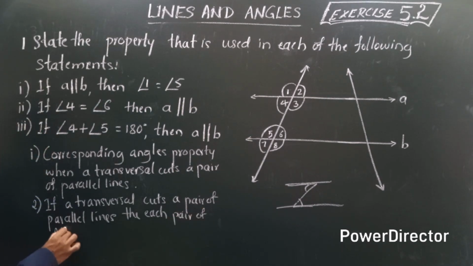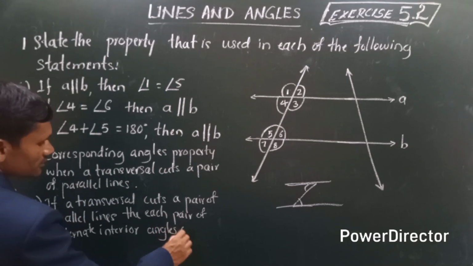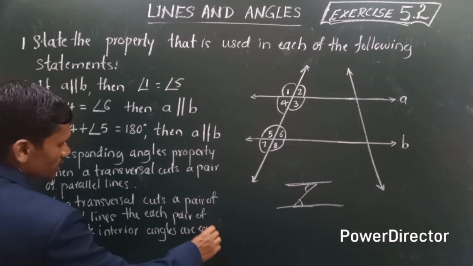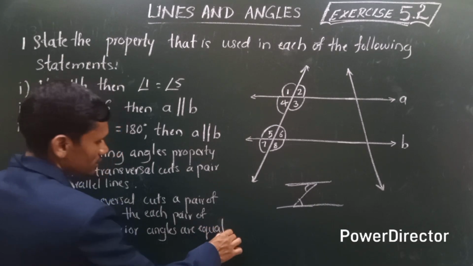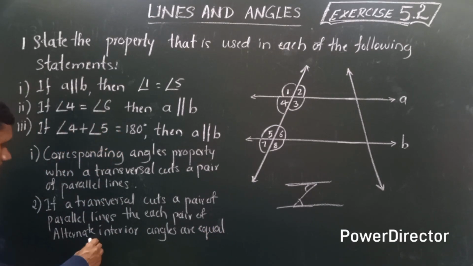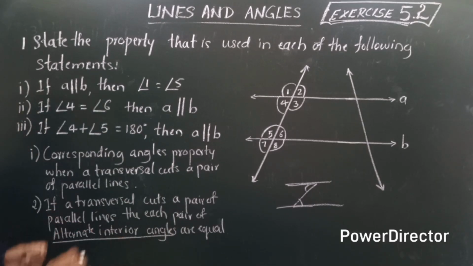In short, if you write, this is the alternate interior angles property. Finished, right? In short, it is just the alternate interior angles property. This is the main important thing here.